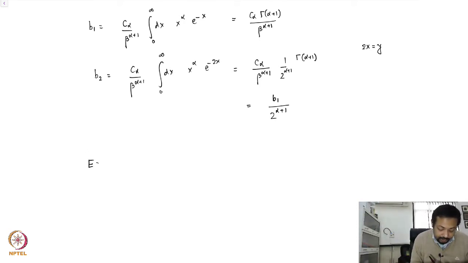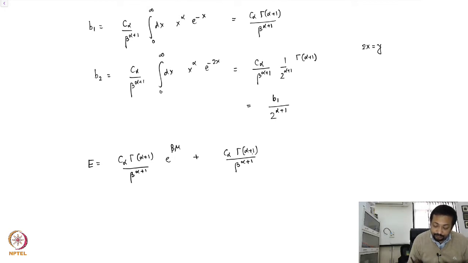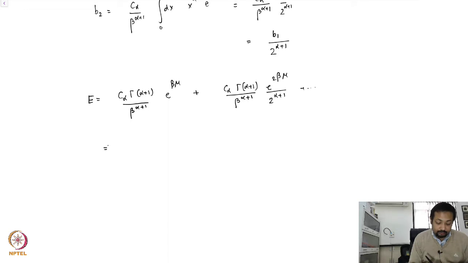So the average energy now is going to be c_α Γ(α+1) / β^{α+1} e^{βμ} plus c_α Γ(α+1) / β^{α+1} e^{2βμ} divided by 2^{α+1}, plus higher order terms, which is c_α Γ(α+1) / β^{α+1}.